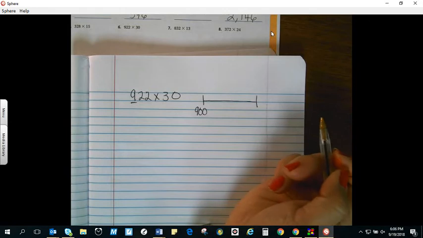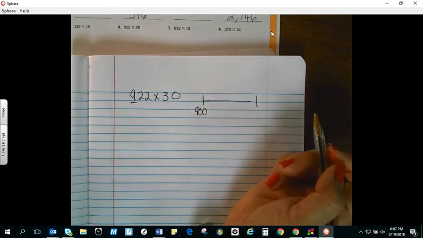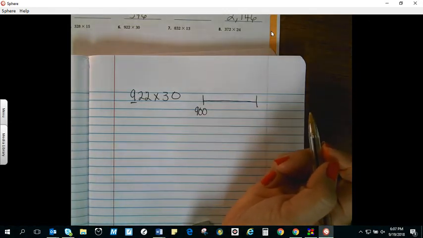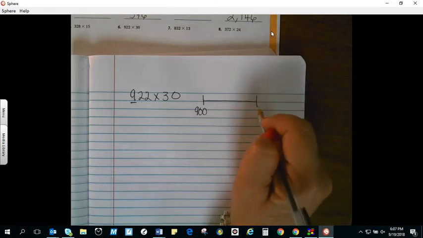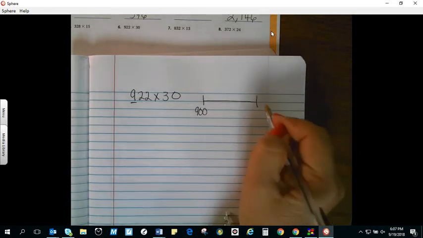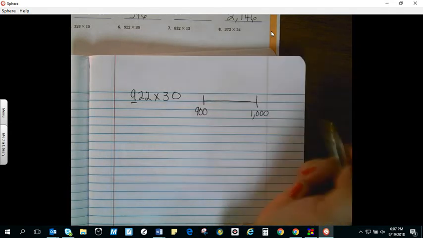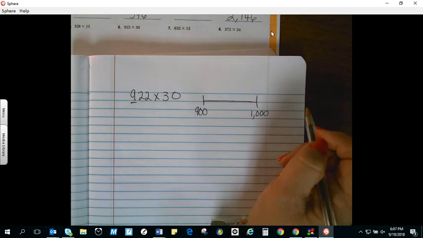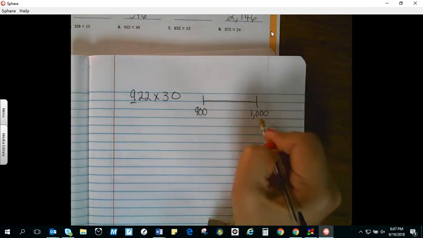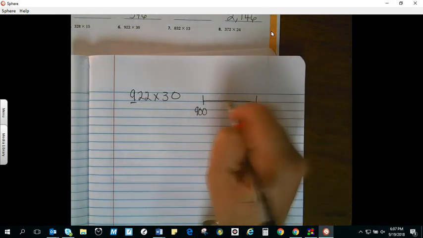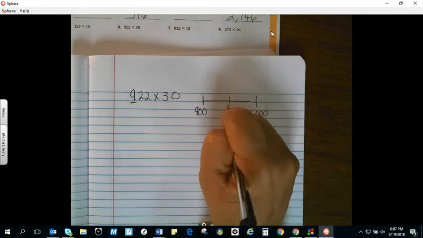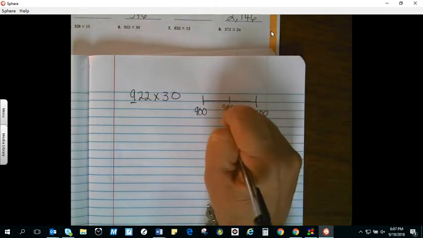Well, if I'm going to be counting whole numbers, what is after 900? You're right, it's 1,000. What's in between the 900 and the 1,000? Yep, your 50, always remember it's going to be your 50 mark. So I know that it's 950.